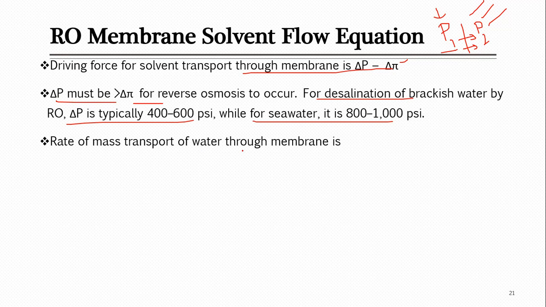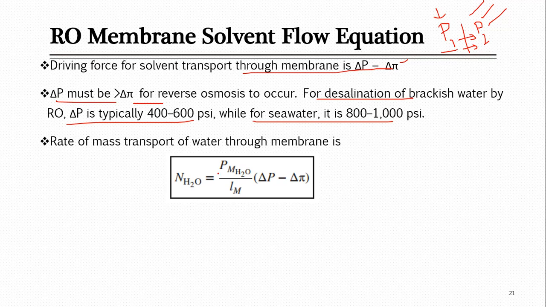So the rate of mass transfer through the membrane, the solvent or water flow, can be calculated using the same equation which I started with. I was telling you that the number of moles of fluid solvent passing through the membrane is equal to the permeance, that is, the permeability of that component through the membrane.